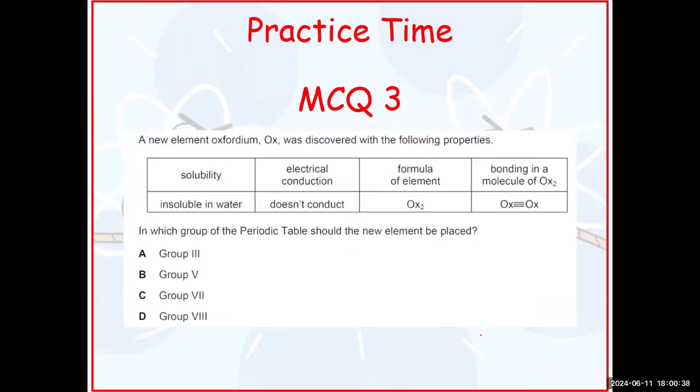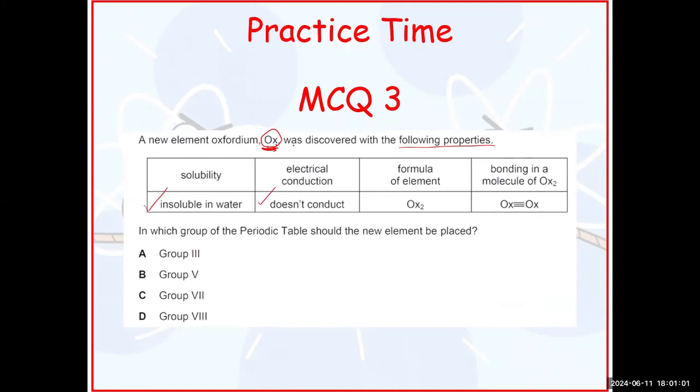Good. Now MCQ number 2, technically, but I think I have skipped one MCQ somewhere. The slide might be deleted. So let's do this one. A new element, oxfordium, with the symbol OX, was discovered with the following properties. It is insoluble.